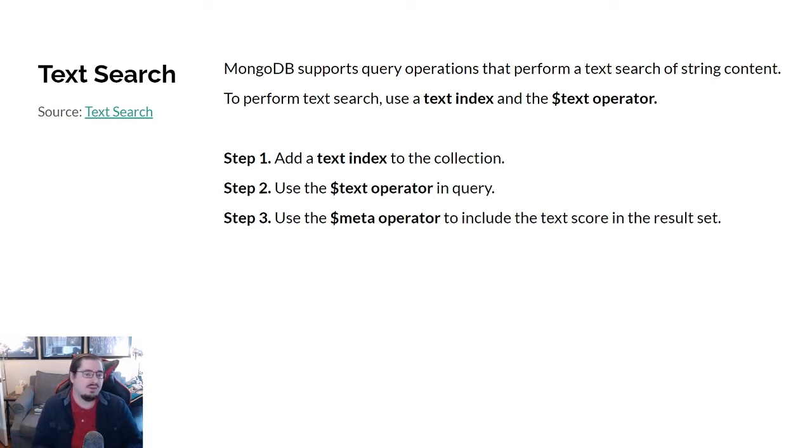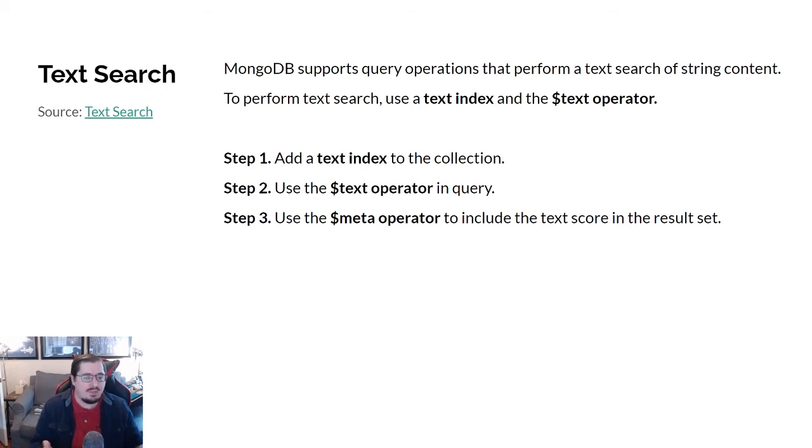The first one is to create the text index, which we just talked about. And then the next step is to use that text operator in your query. You can think of that as basically falling into your where clause. So you would either be in find or the aggregate pipeline, which we're going to talk about in a minute.